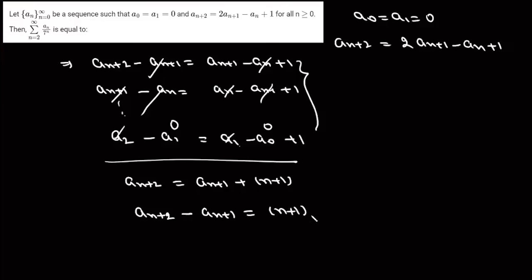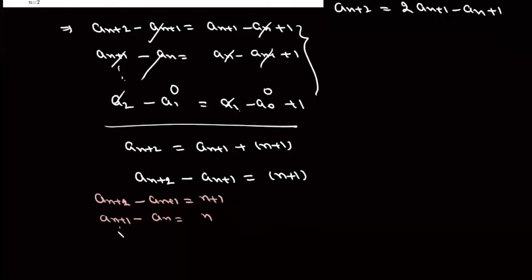So we have another recurring relation. Now from this recurring relation we can write An plus 2 minus An plus 1, this is n plus 1. An plus 1 minus An will be n, and it'll go up to A1 minus A0, which will be 0.